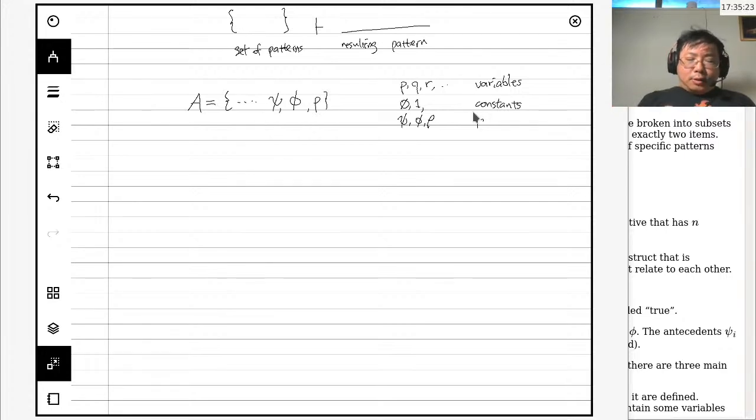I'm just going to call these things patterns. Okay, they're just patterns. So what do I mean by patterns? They're placeholders. The best way to say this, these are placeholders for well-formed formulae.